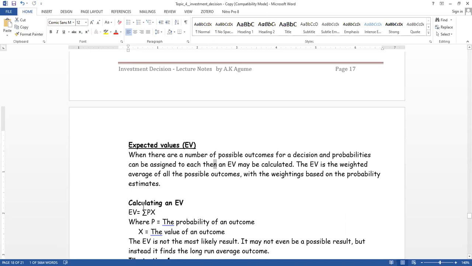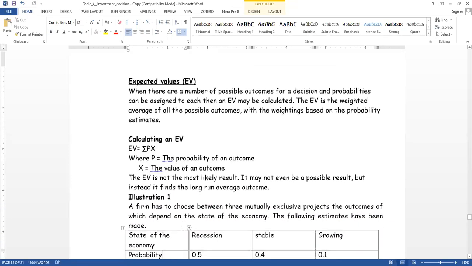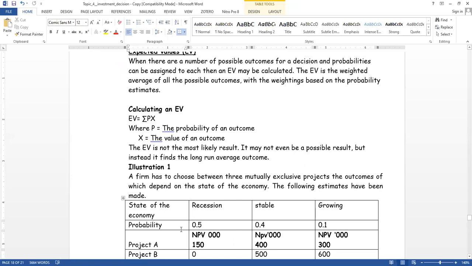And how do you calculate the EV? Calculating the EV, you need to get the summation of Px, P being the probability of an outcome, and X being the value of an outcome. And what you need to know is that the EV is not the most likely result. It may not even be a possible result, but instead it finds a long run average outcome.